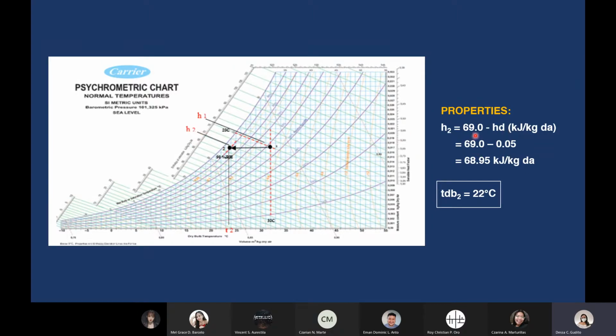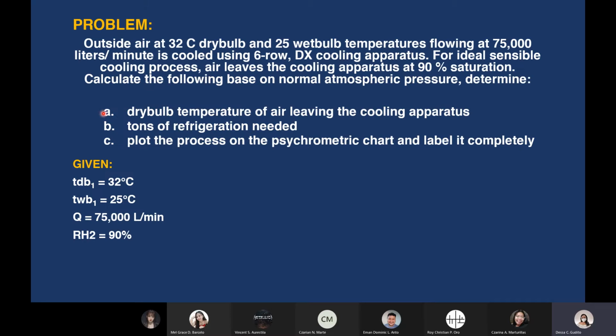Subtracting the two values, we get 68.95 kilojoules per kilogram dry air. For the dry bulb temperature, this vertical line is estimated to be at 22 degrees Celsius. So that is our dry bulb, which is what was asked for in letter A.